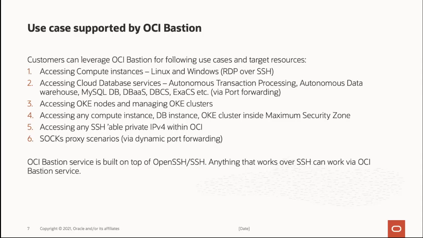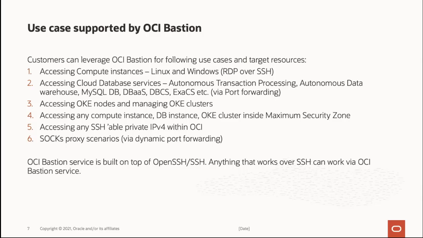You can also use it to access OKE nodes, and you can also use it to manage OKE clusters. OCI Bastion can be used to access any target resource within a maximum security zone. You can access any SSHable private IPv4 within OCI using this service. And of course, we support SOCKS proxy scenarios via dynamic port forwarding.